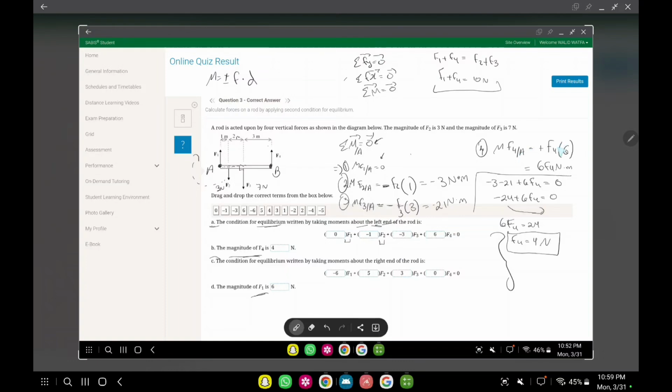So it would be minus 1 F2, and then minus 3 F3, and then plus 6 F4. That's what they want, in this way. So they're saying to take the moments like this, equal 0, and then they said find F4, and we found it to be 4 newtons.